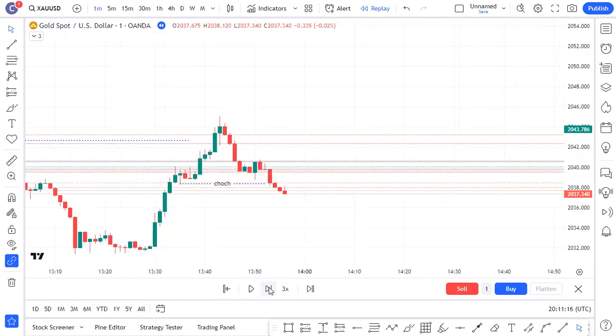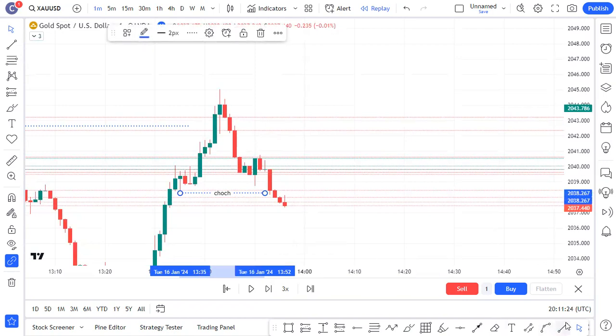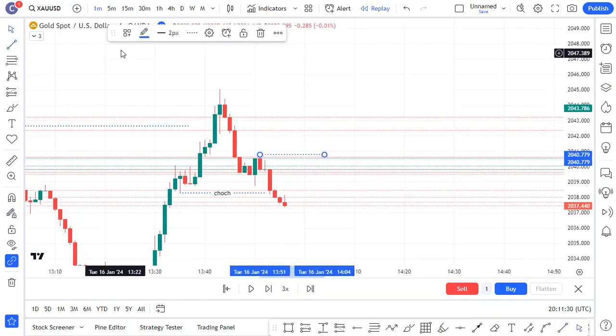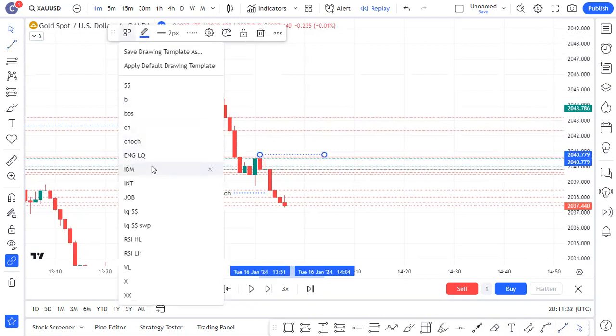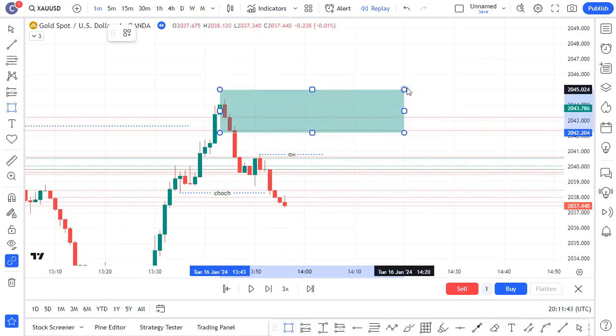So inducement has been taken out, and where's the change of character? The change of character has been taken out. So as the first pullback on this leg, this is the first pullback. All right, this was the first pullback, the inducement, and in case it had decided to go up, it would have gone to this supply zone here.